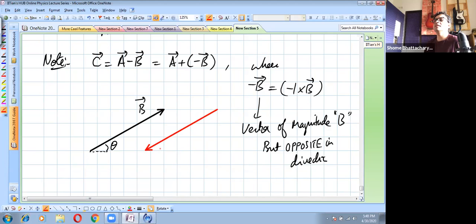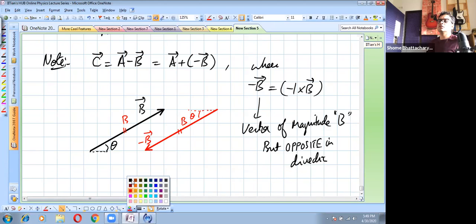It has the same length as this one, but it has the opposite direction. So now this angle here is theta. Alright, so this is the vector minus B generated from the vector B, whereas my original vector A was this only. We are taking the vector A like this.